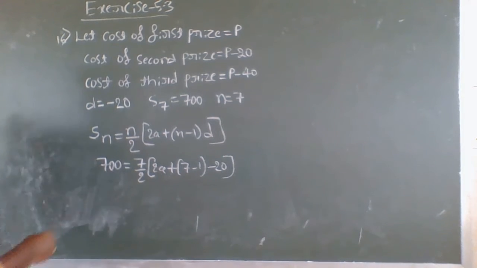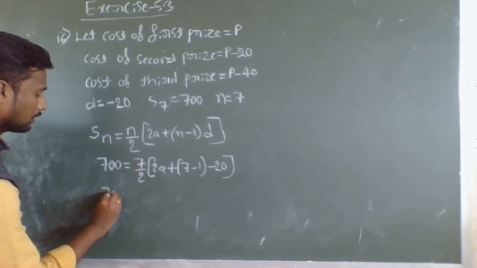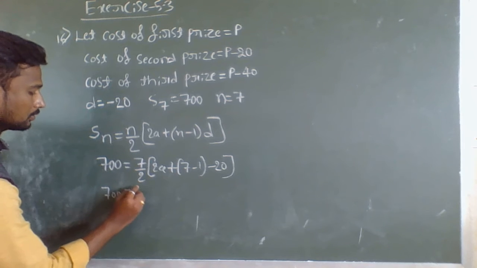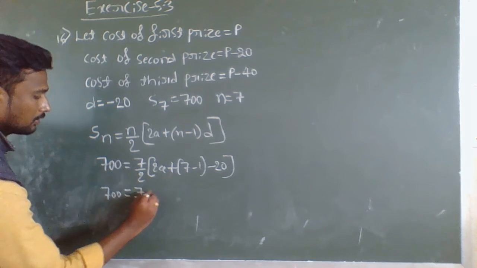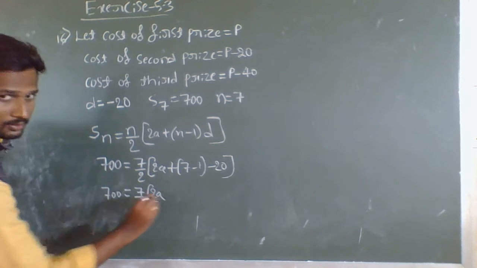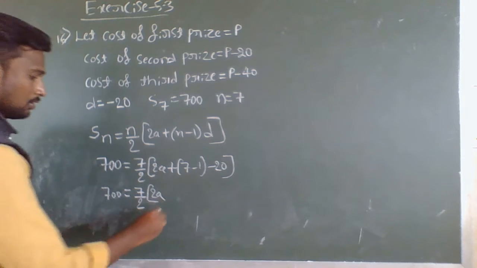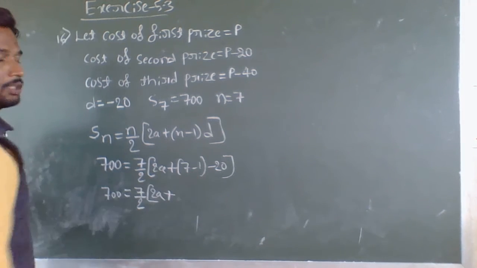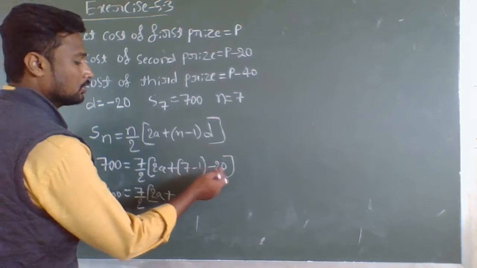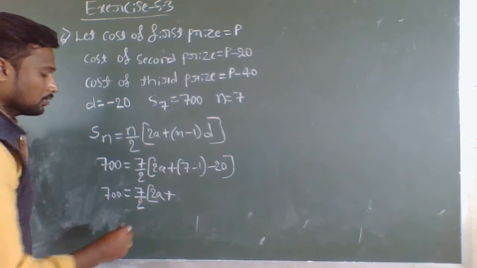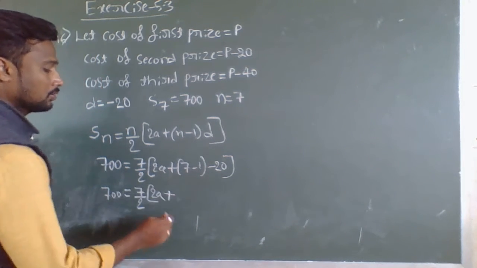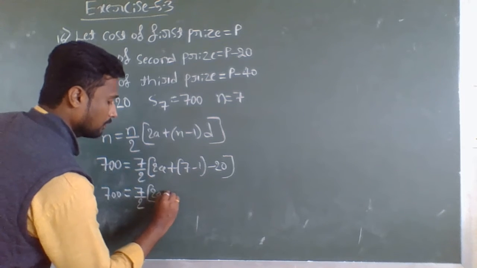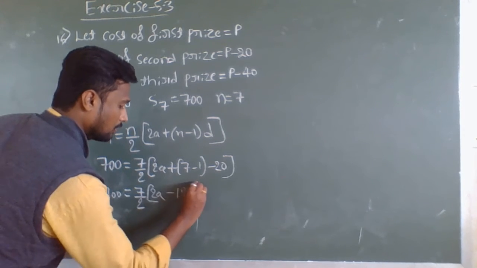So in the next step, 700 is equal to 7 by 2 into bracket 2a plus 7 minus 1, which is 6. 6 into minus 20 means how much we will get? 6 into minus 20 means minus 120.